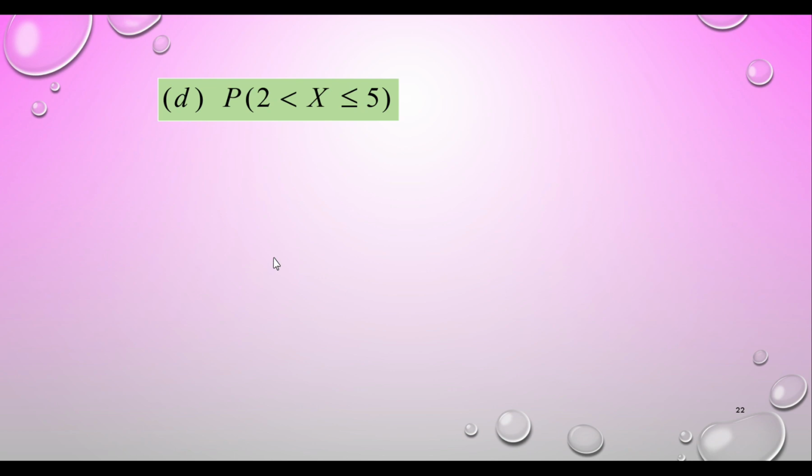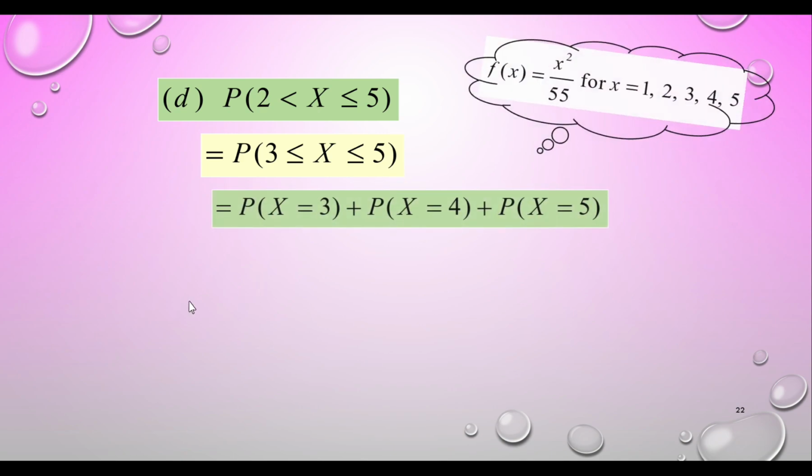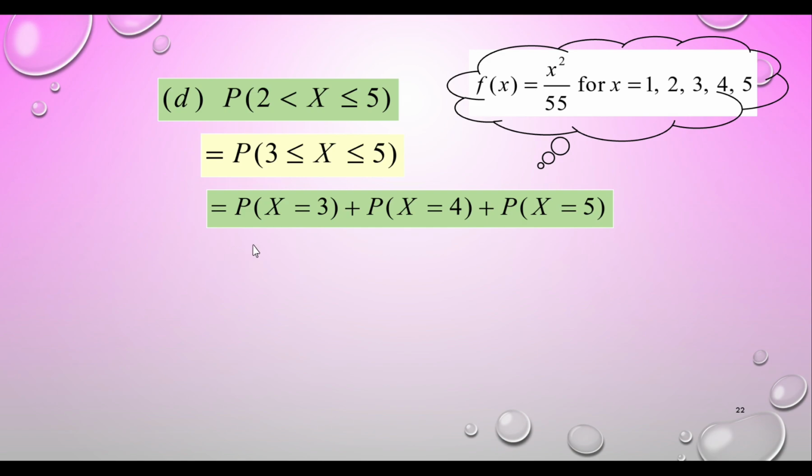D, the probability of X more than 2 and less than or equal to 5 is the probability of X more than or equal to 3 and less than or equal to 5. This means we have to find the sum of the probability of X equal 3, X equal 4, and X equal 5.